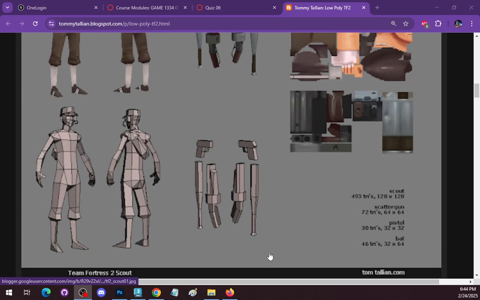It's either 3 or 5 around, but it goes 1, 2, 3, 4. That's all it is. Bat, 64 tris. Scattergun, it's 72 because he's got extra detail through here. But basically there's one box here, one box there, one box there. That's it.